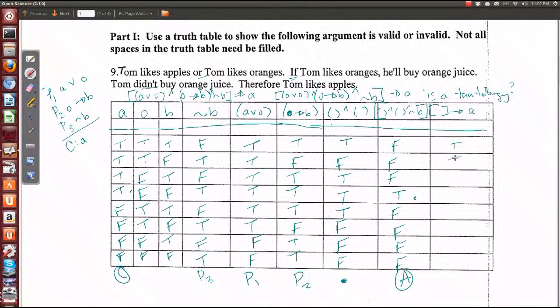So I end up with a statement that is a tautology. And this is valid.